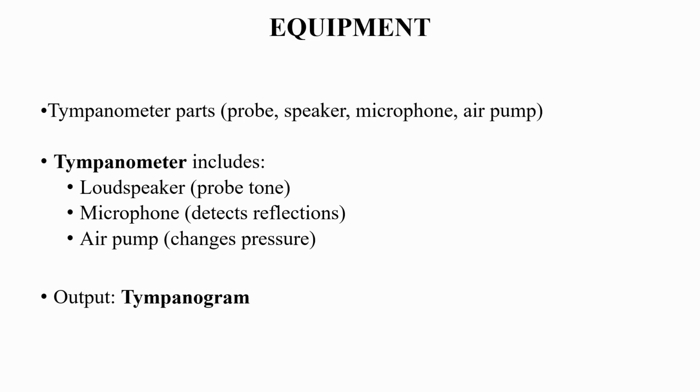The equipment is basically the tympanometer with the tympano probe, which includes the loudspeaker or probe tone from which sound is produced, then a microphone which detects the reflections of the sound energy, and the air pump which will vary the air pressure. And what is the output result? It is in the form of a tympanogram.